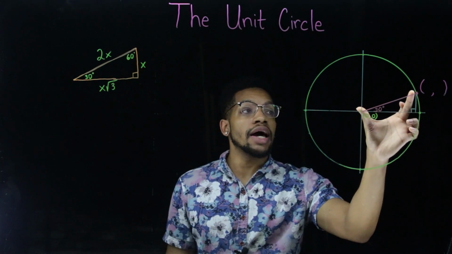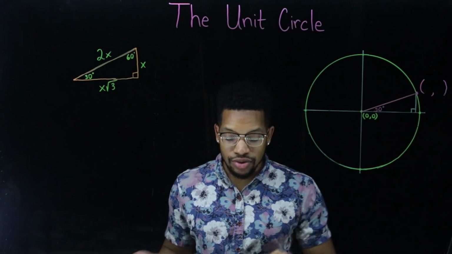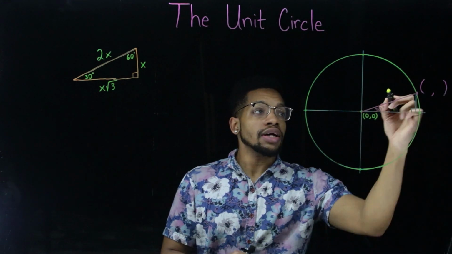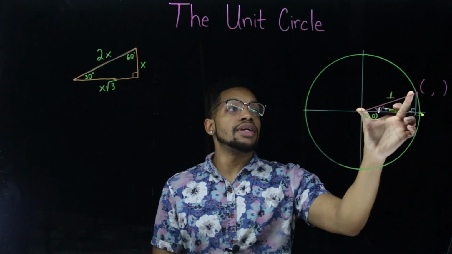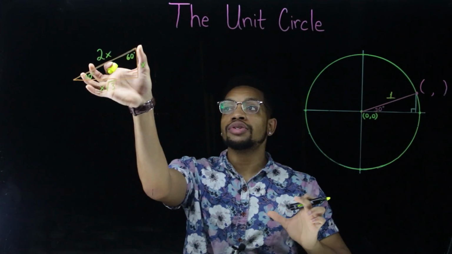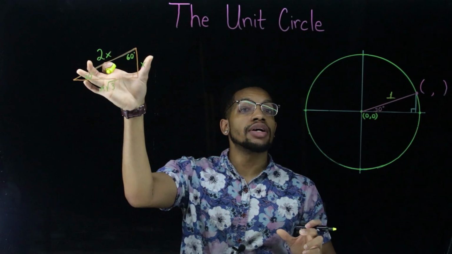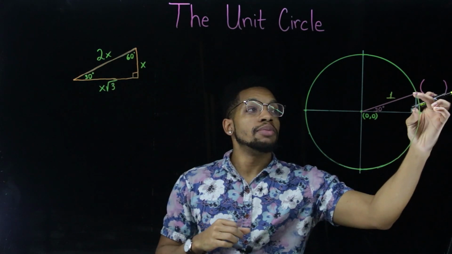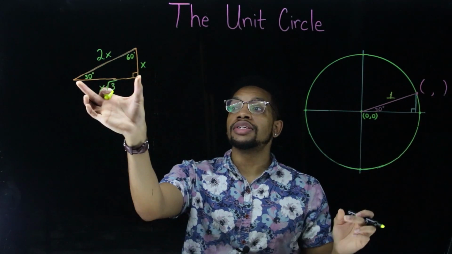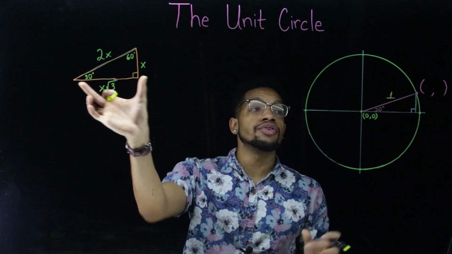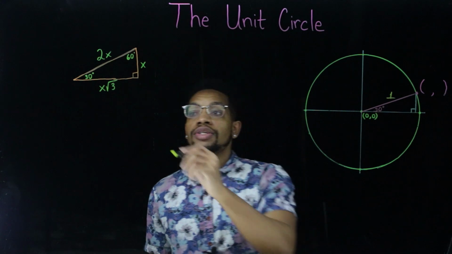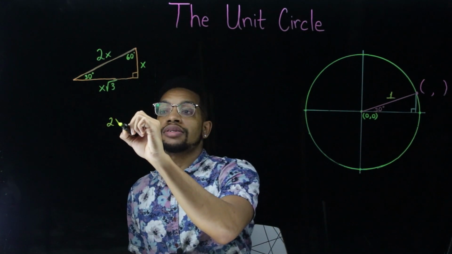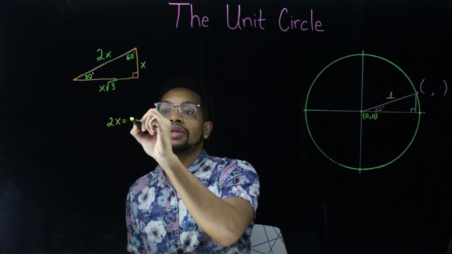And so that radius acts as the hypotenuse of this right triangle. So if I let this side be 1, then 1 is equal to 2x. I can use that relation to find x, which will give me this side right here. And then I can take that x and multiply it by the square root of 3 to get that side right here.